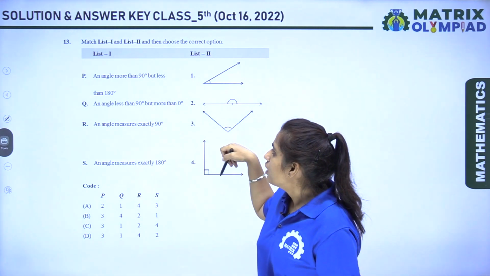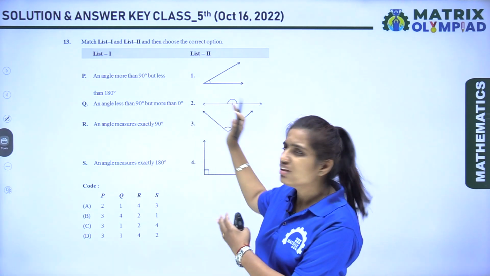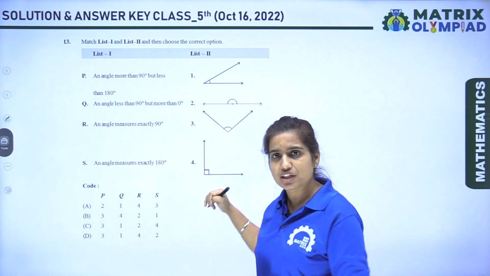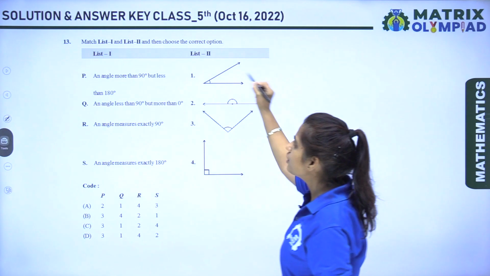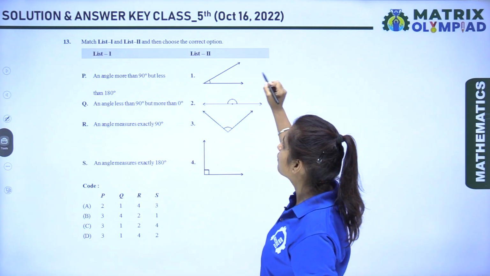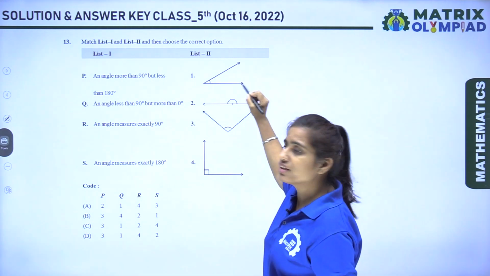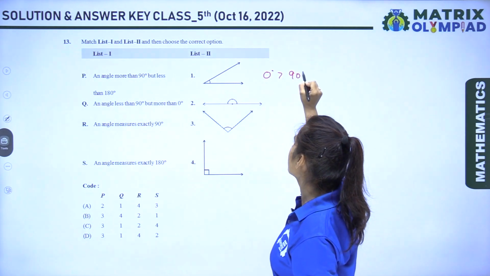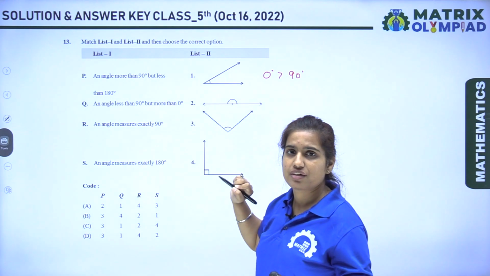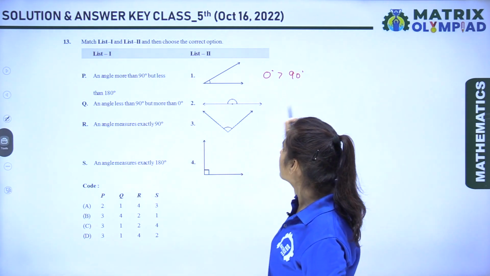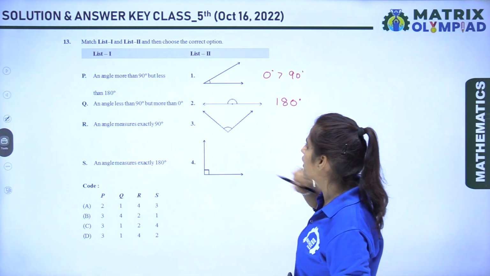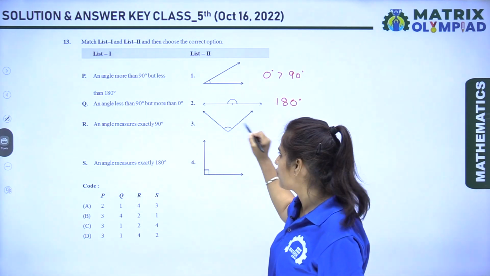Let's begin with list 2 and first identify the figures. In the first figure, we have an angle that is greater than 0 degree but less than 90 degree. In the second figure, it is 180 degree as it is a straight angle.